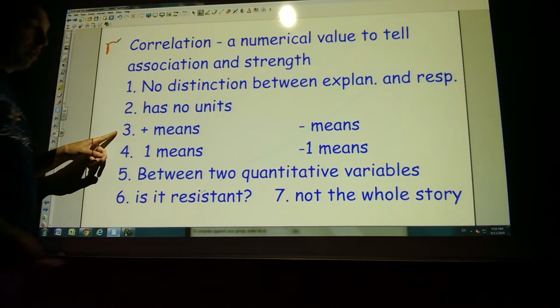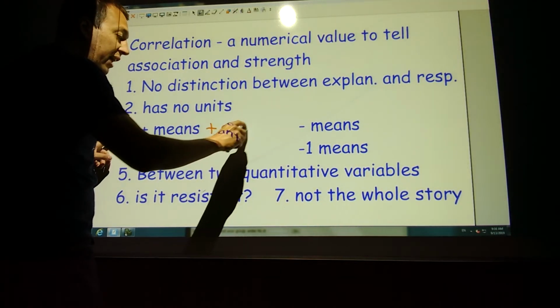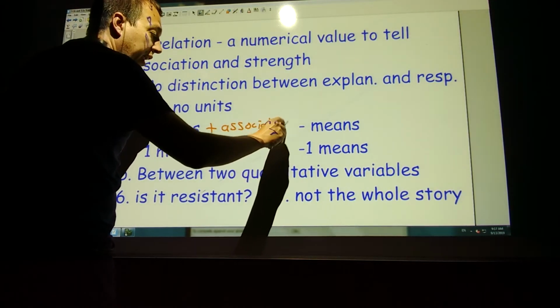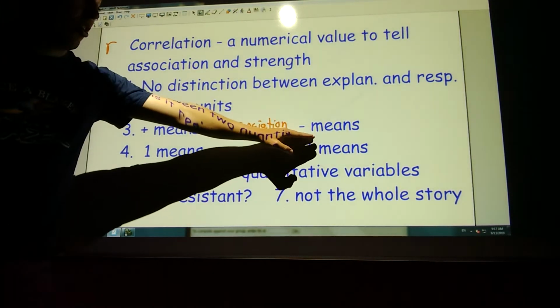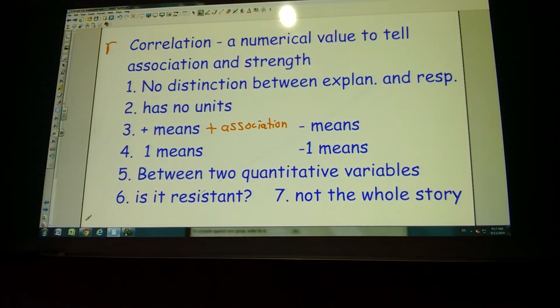Positive R means that it is positively associated. It has a positive slope. A negative R means that it is negatively associated. Has a negative slope.